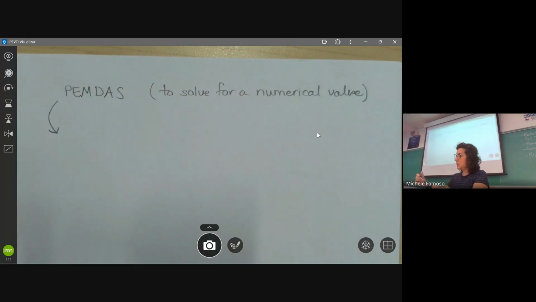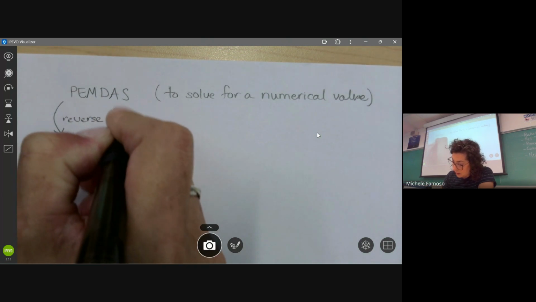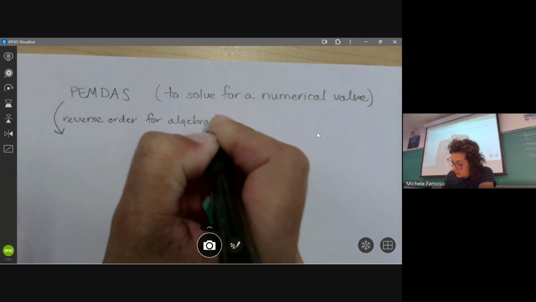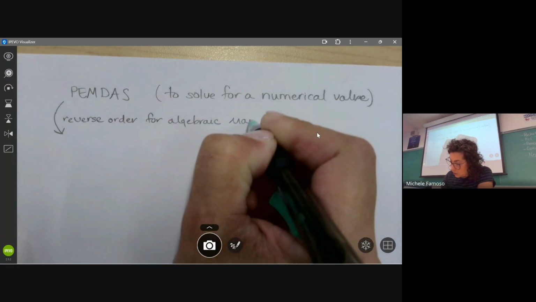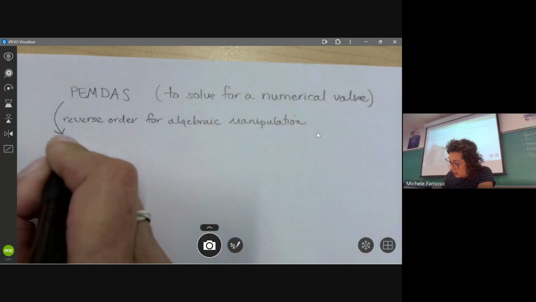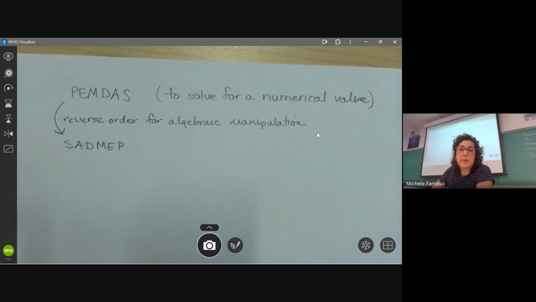We're going to use the reverse order for algebraic manipulation, which I call SADMEP. SADMEP, the exact opposite. So what does that mean?